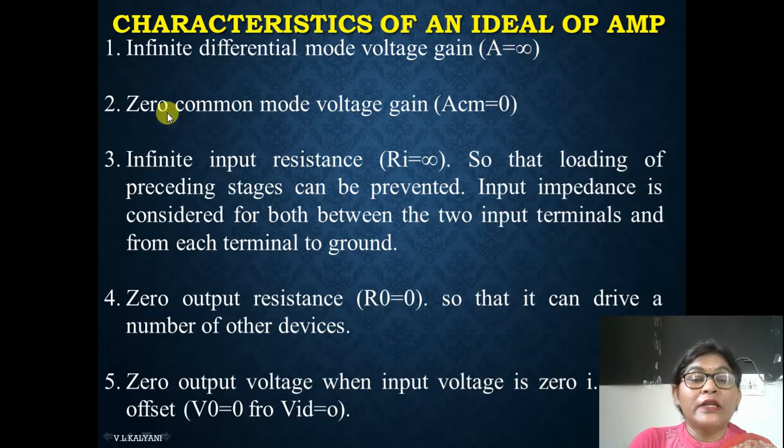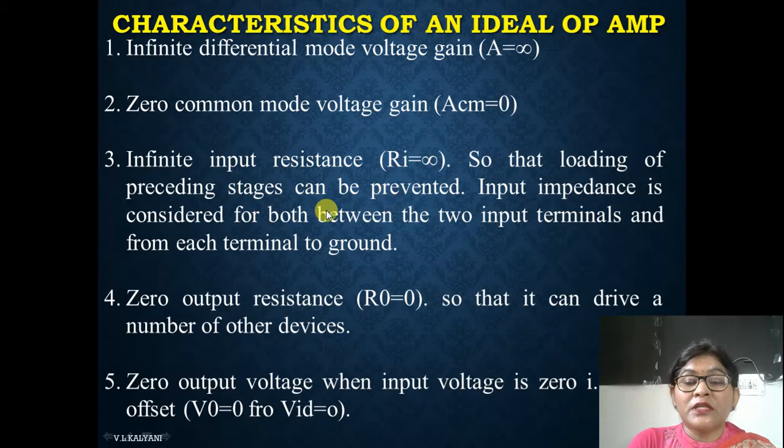Then the second one is zero common mode voltage gain. Here CM is represented by common mode and A is the voltage gain. So this is ACM, it should be 0. Infinite input resistance, that is Ri equal to infinite, so that loading of preceding stages can be prevented.